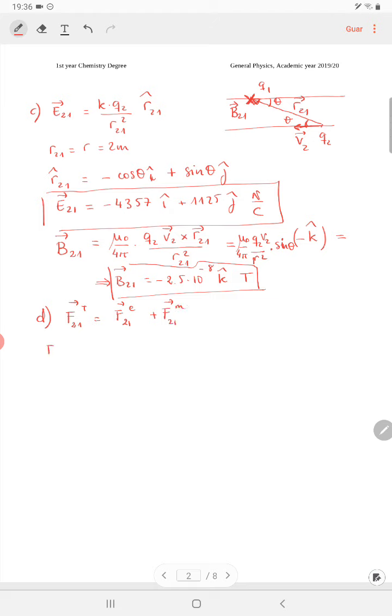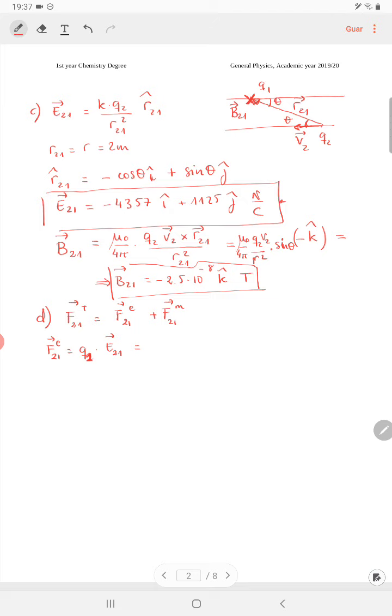The part that comes from the electric field is just the charge of the first charge times the electric field provided by the second charge where the first one is. This is just multiplying this here by Q1, that was 1 microcoulomb.